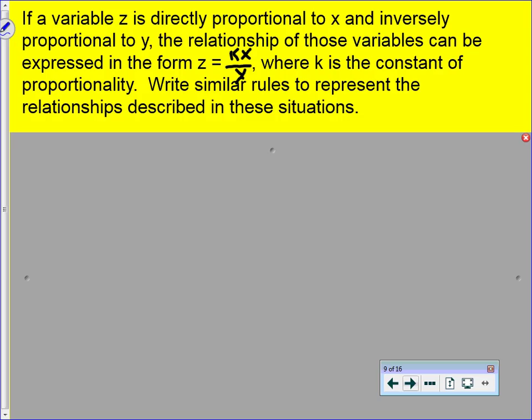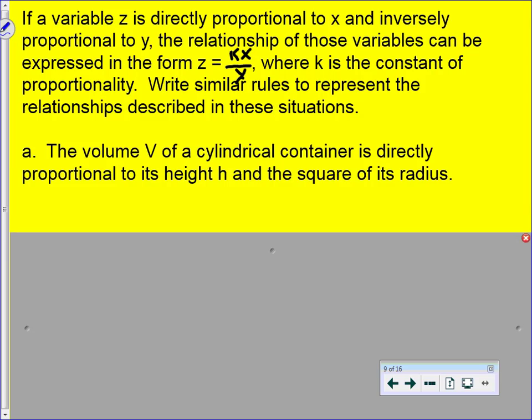So what we're going to do is find what the equations are for each one of these examples. It says the volume of a cylindrical container is directly proportional, that's the key part there, to its height and the square of its radius. So what's the part before the directly proportional? It's our volume, it's our V. So we know all of these things are going to be multiplied together.